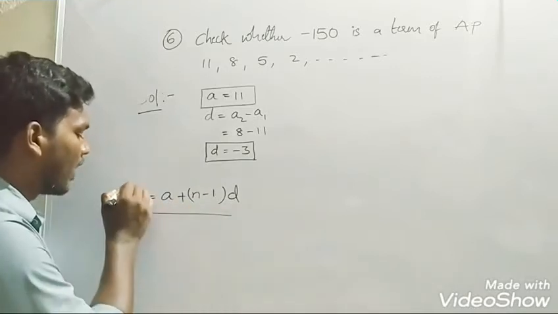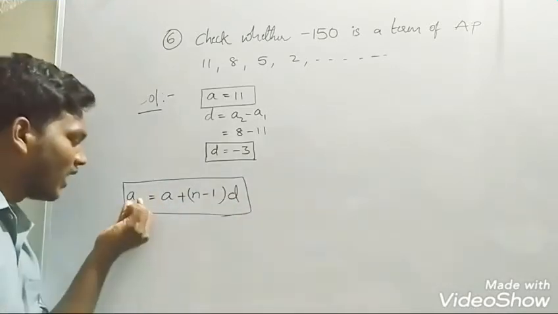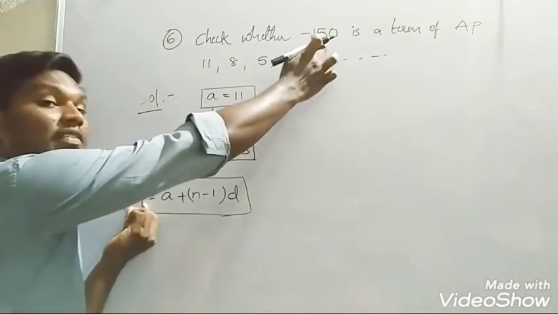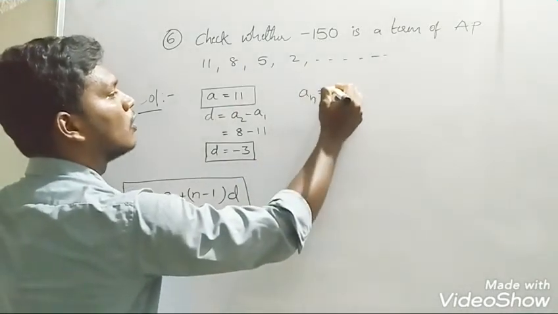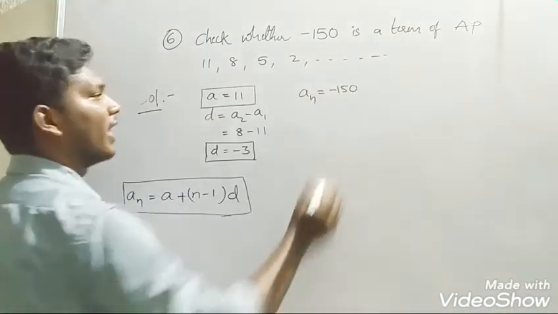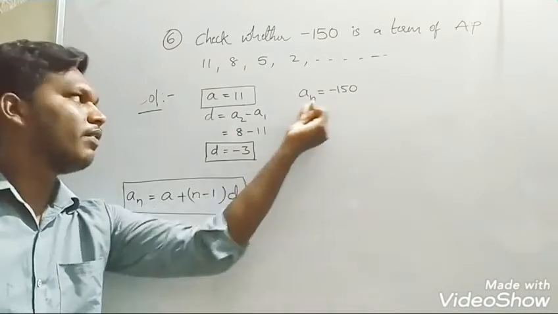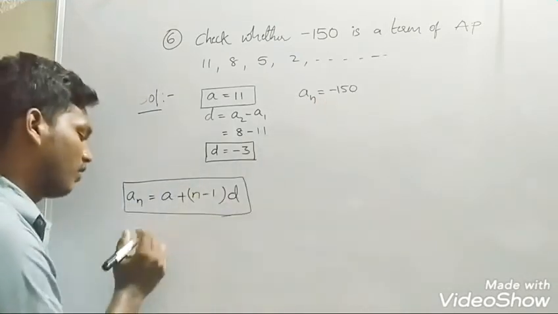Here he has given the value an is equal to minus 150. We don't know which term it is, so instead of an, write minus 150.